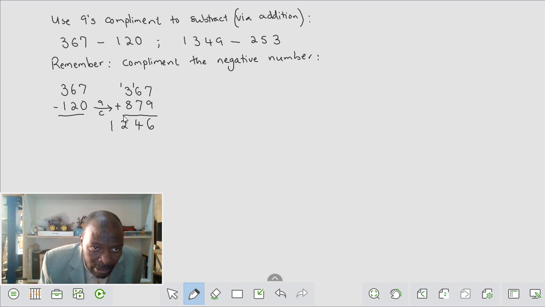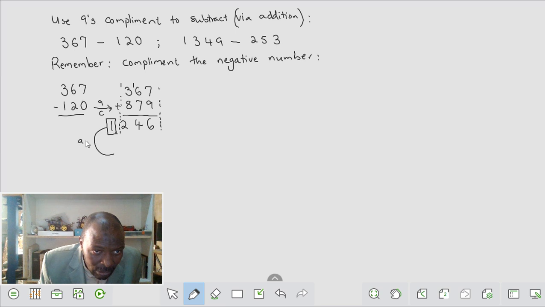One thing is you maintain the number of digits. So we have got 3 digits. So our answer is the one with the 3 digits. Our answer maintains the number of digits. So our answer is actually 246. But we have this bit here. This is called the carry bit.